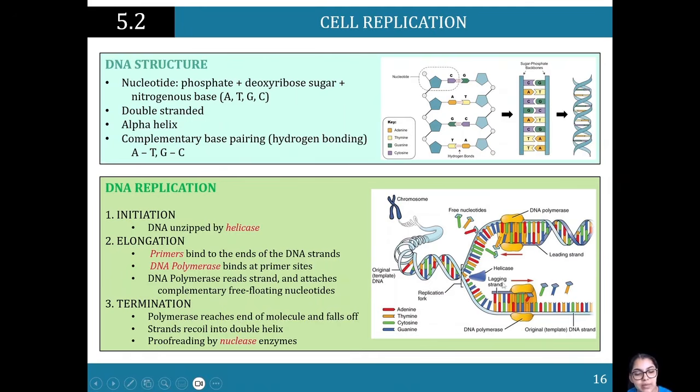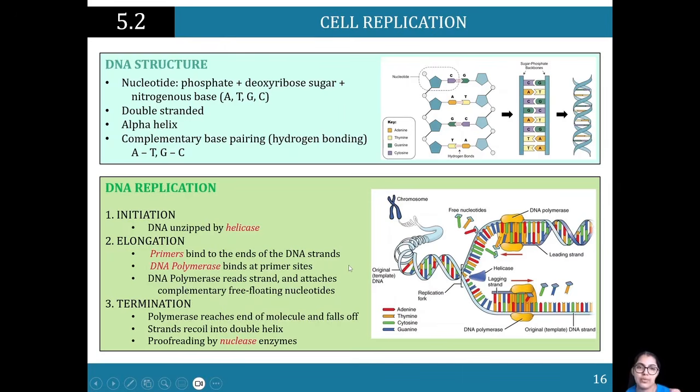So there's DNA polymerase. Here are the free nucleotides that are just floating around, and DNA polymerase is going to read the strands. It's going to go, okay, that's a G, so it can only pair with a C. That's a C, that can only pair with a G. That's a T, that can only pair with an A, and so on. And so that is happening.